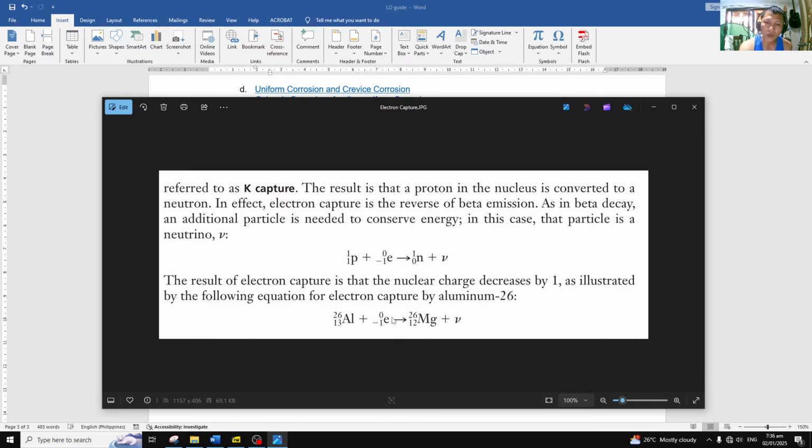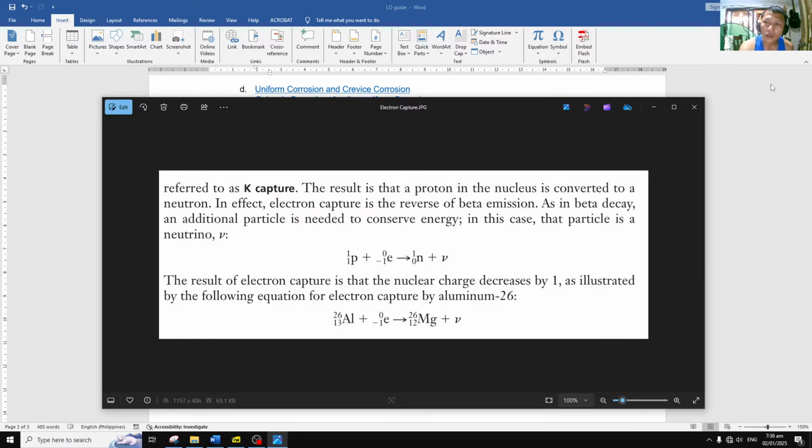You have your electron on the reactant side and your neutrino, your V, and then the product of the nuclear reaction. For example, you have aluminum-26, the product is magnesium-26, by capturing electrons, and the neutrino is being ejected.